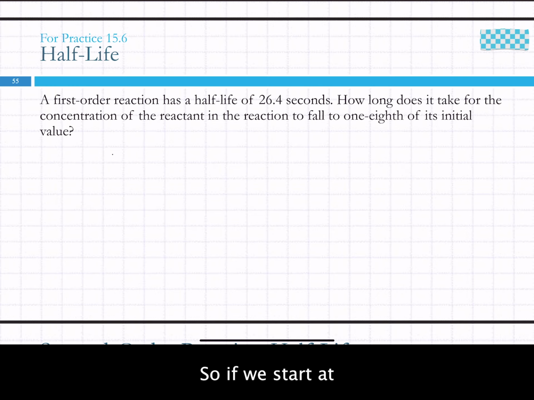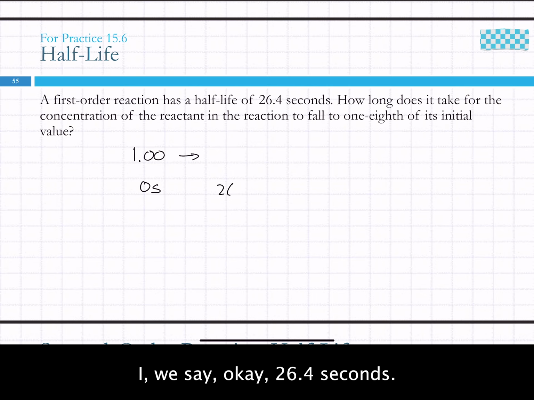So if we start at, well, all of it, and let's just say all of it is 1. We're going to do 1.00, and that's at 0 seconds. And we say, okay, 26.4 seconds. How much is left? 1/2.